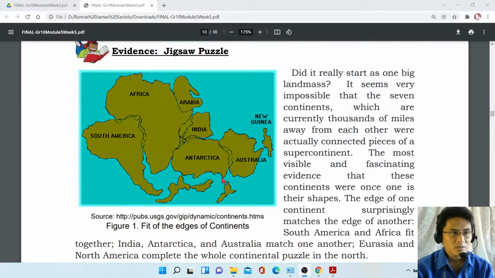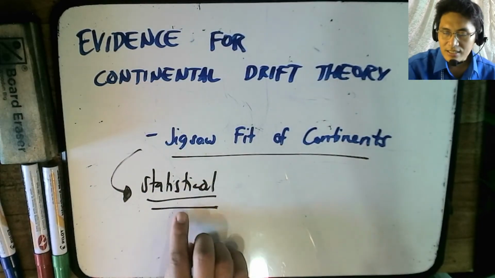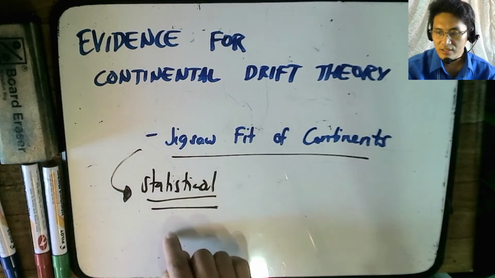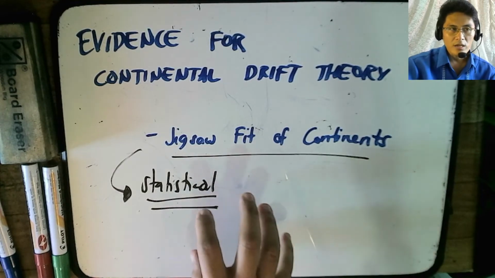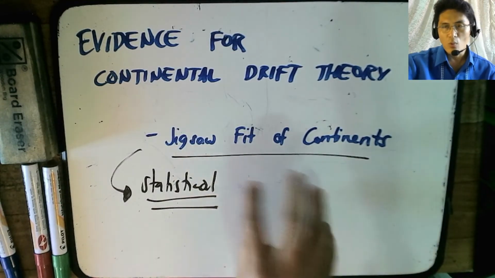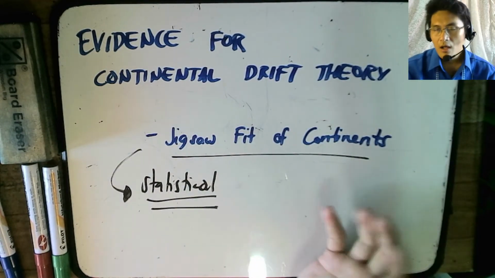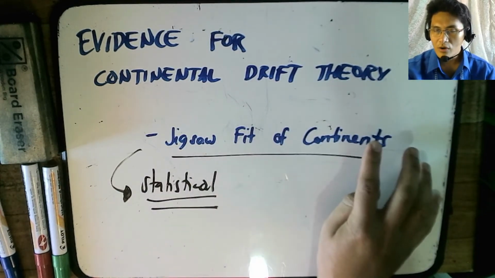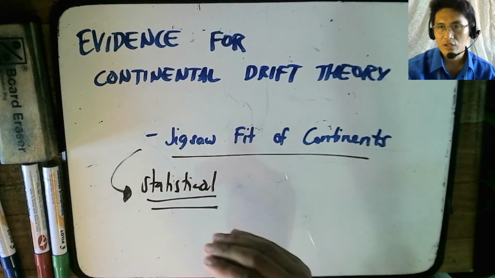There is really statistical backing. When you do statistical treatments on the edges, the probability that they fit because they were once connected, and not because we are just seeing patterns that are not really there, is high enough that the degree of confidence to say that the edges of the continents really fit like a jigsaw is high enough that we believe that that is so.